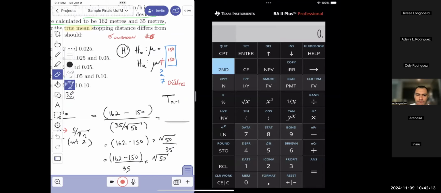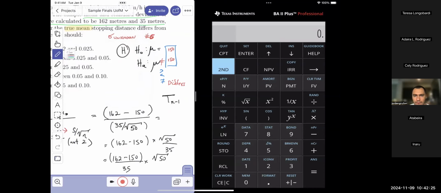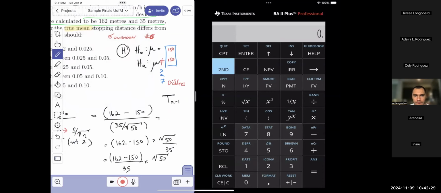Let's double check. 162 minus 150, equals, divided by 35 times square root of 50, equals, I get the same answer.